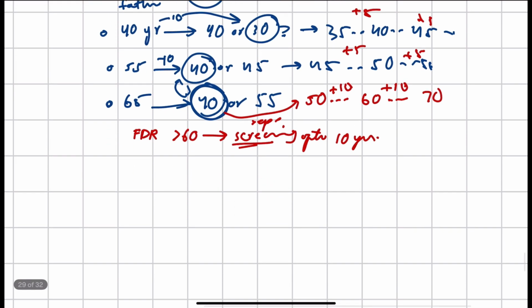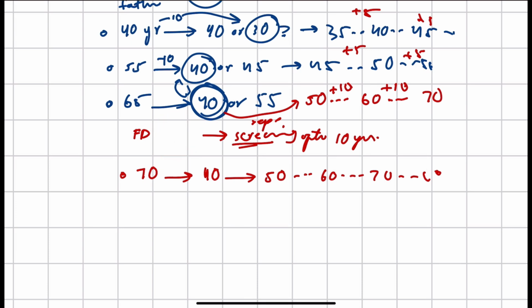Just like that, for example, if the relative was 75 or 70 years old, then we will start the screening at 40. And how will the repeating schedule go? 50, 60, 70, and so on.